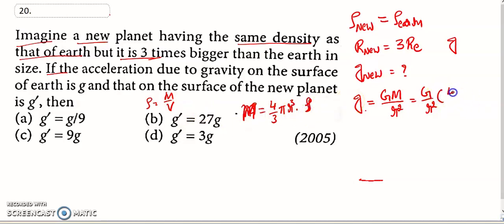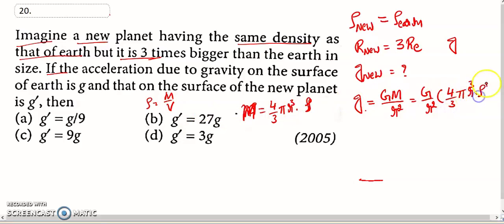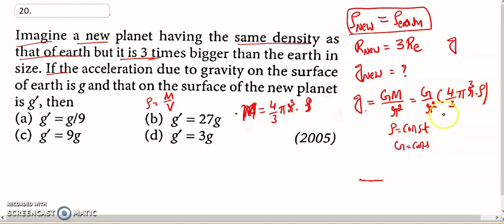In the place of mass you have to put 4 by 3 pi r cube into density. The density of both is the same, so density is constant. So G is constant, only the radius varies.